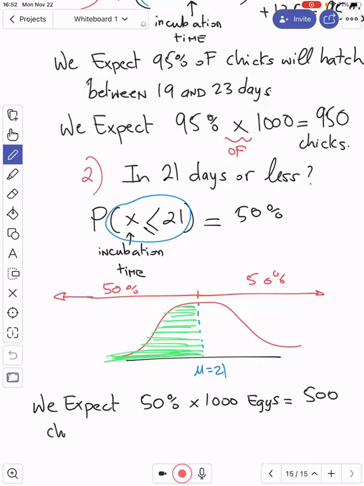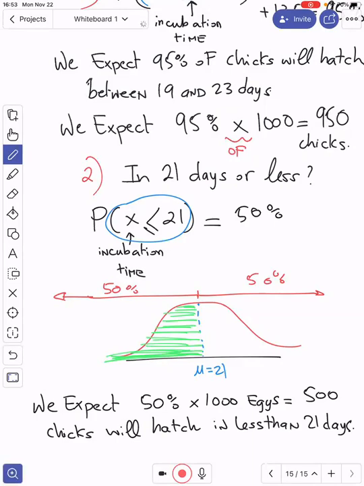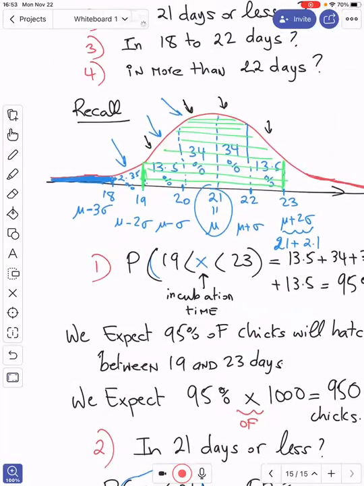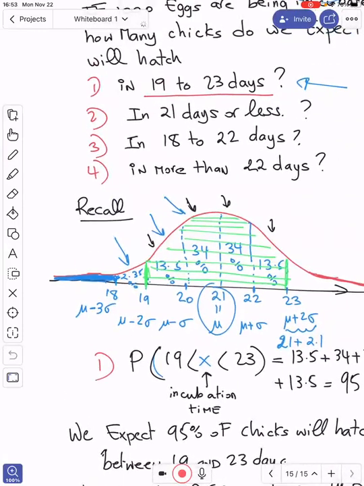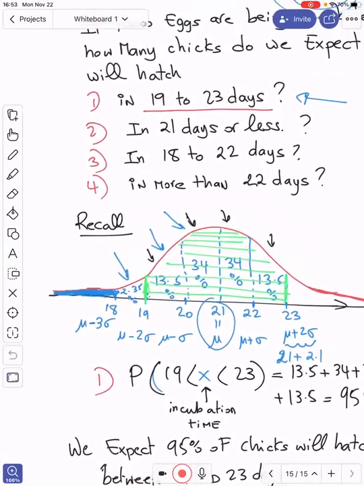So expect 500 chicks will hatch in less than 21 days. All right. Please let me know if you have any questions, guys. Please interrupt me.